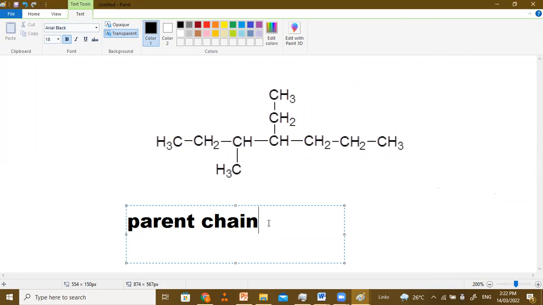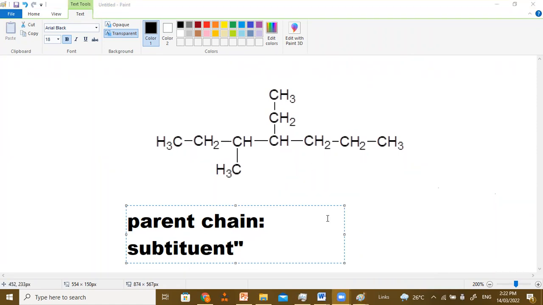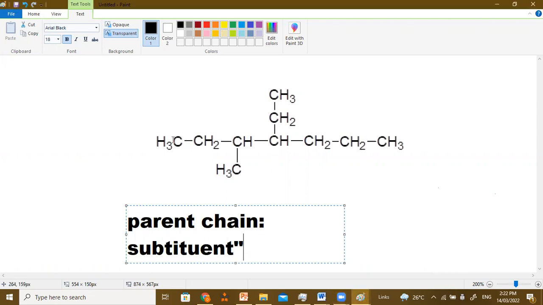Any volunteer for our parent chain? Heptane. We start counting 1, 2, 3, 4, 5, 6, 7. So our parent chain is heptane.